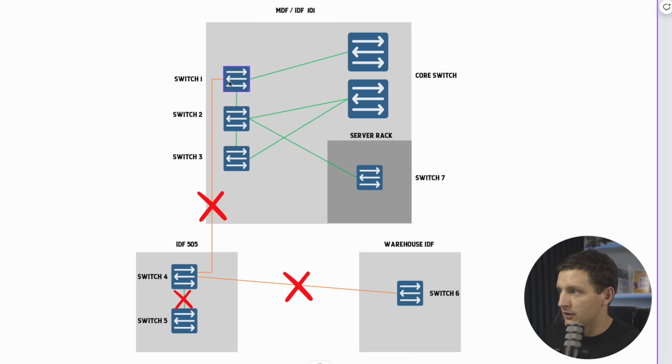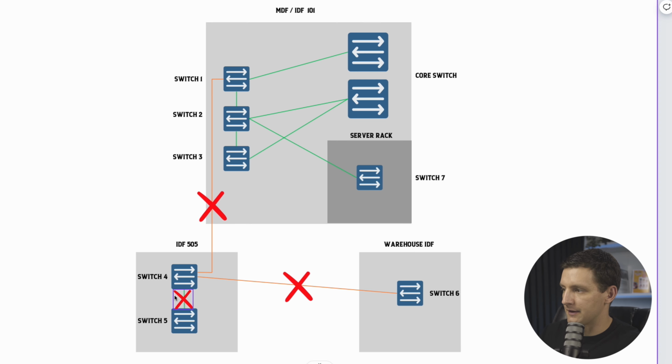But things happen and things break. Someone working in the rack maybe accidentally knocks over the power cable for switch 1, or someone is doing maintenance and they cut the cable between switch 1 and switch 4, right? This happens, and it could be an accident, a switch fails, or whatever it is. We're gonna have a high chance of failure and a network outage by having a network design like this.